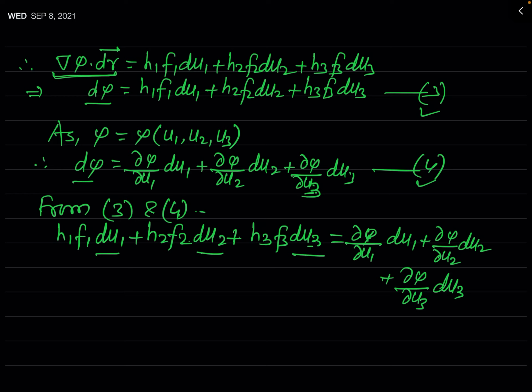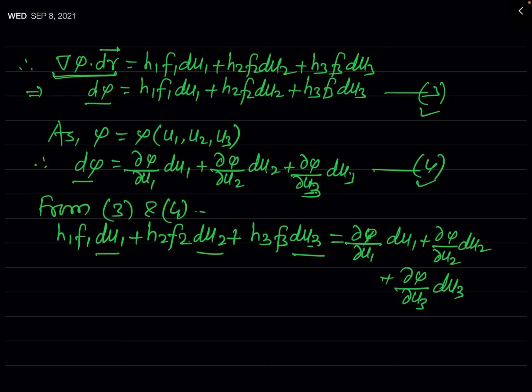Such an equation is known in mathematics as an identity. So if du1, du2 and du3 are independent from one another, then this identity will be valid only when the coefficients of du1, du2 and du3 in LHS and in RHS are the same.